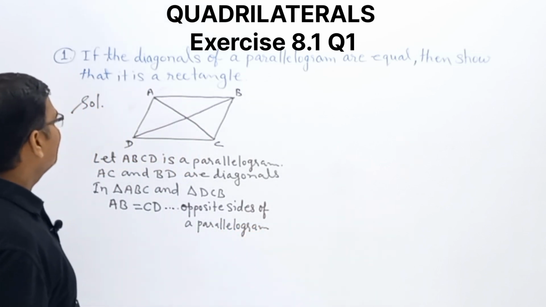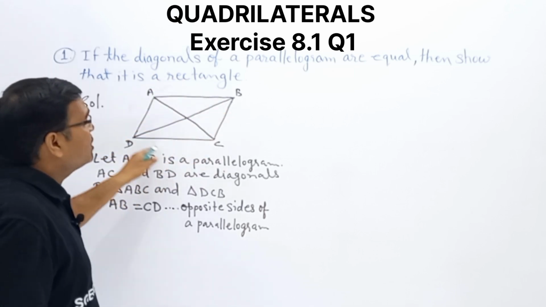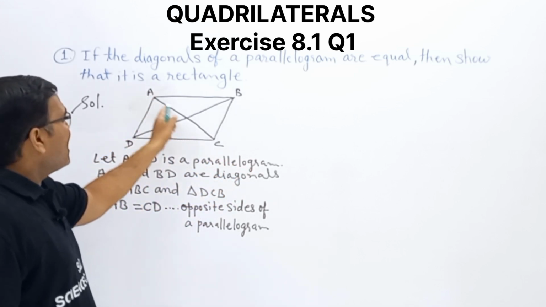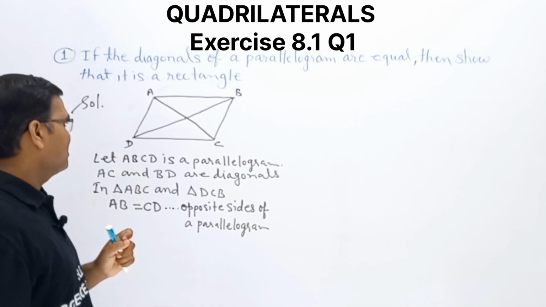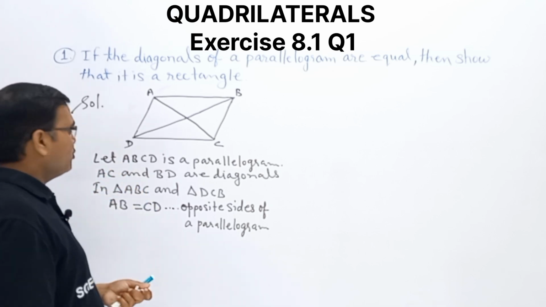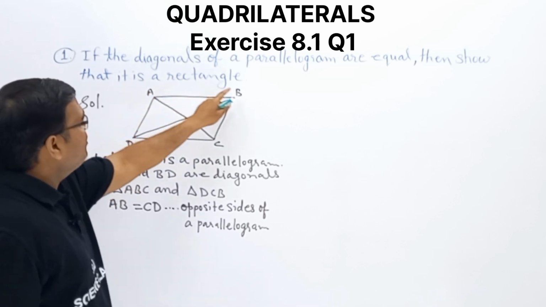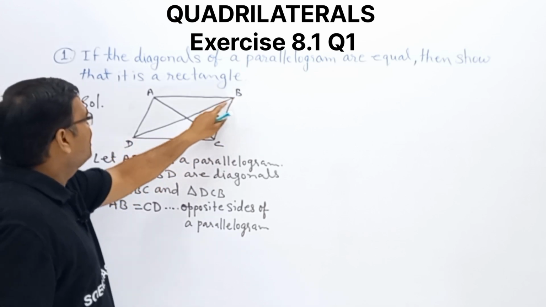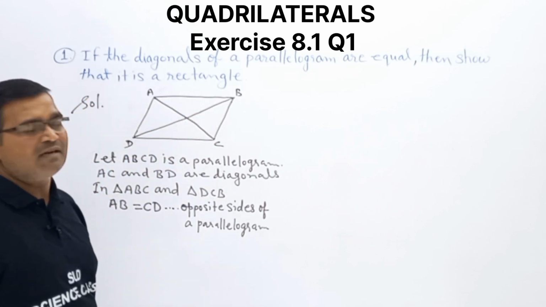What we are doing is, we want to prove that this parallelogram is a rectangle if its diagonals are equal. So we are taking two triangles, ABC and DCB.